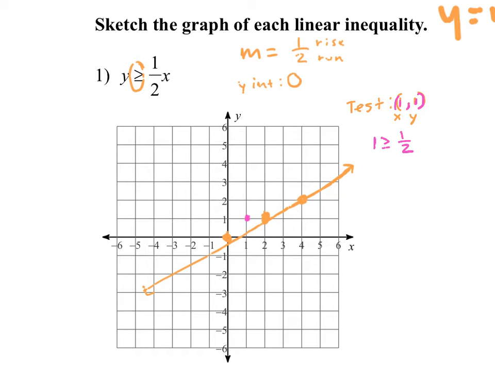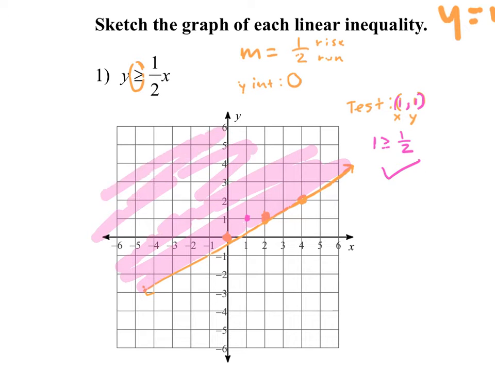Is 1 greater than or equal to 1/2? Yes. So since that's true, we shade on the same side as our dot. So are we shading above the line or below the line? Above the line. So our graph looks like this.